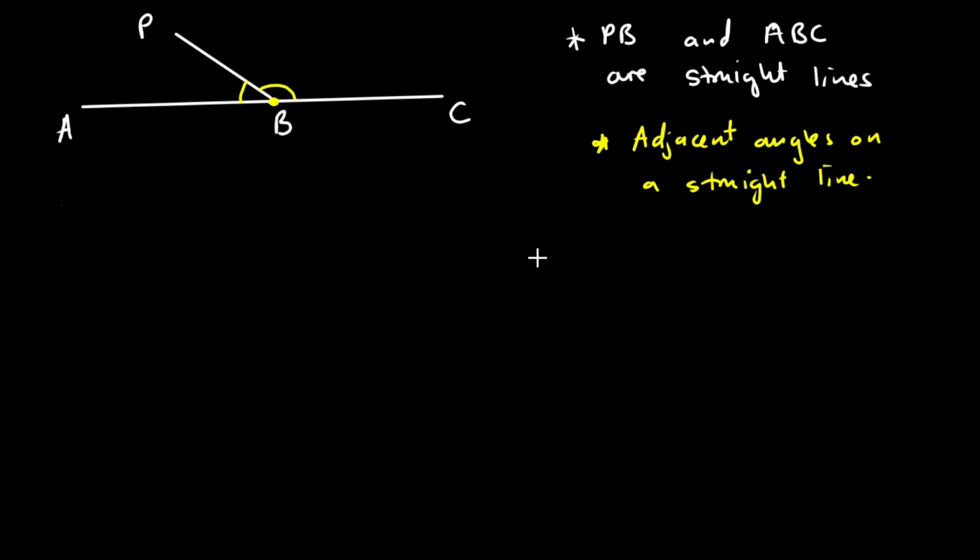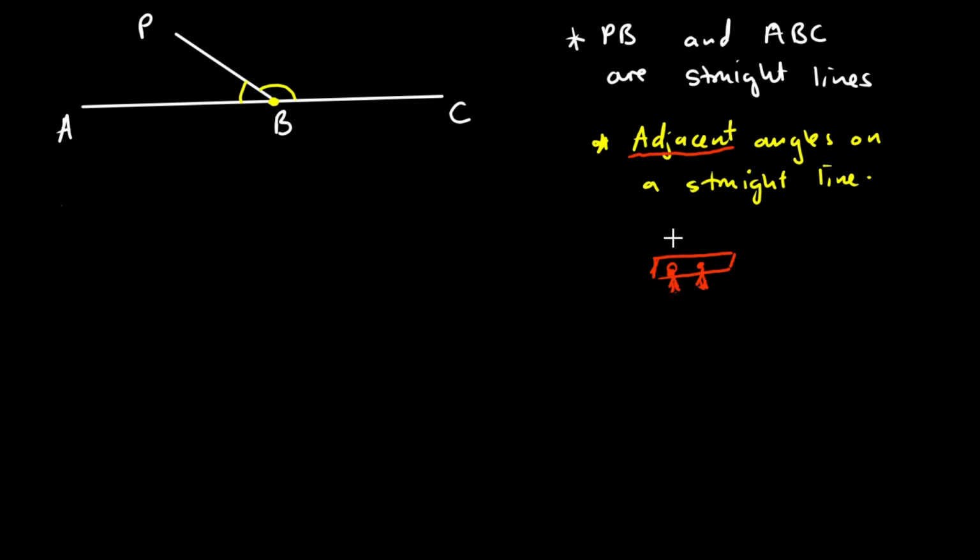Wait a minute, we need to understand something. What do we mean by adjacent? The word adjacent, think about when you are in a class. Maybe you have this kind of desks. Then you sit here with your friend. In other words, you and your friend are adjacent to each other.